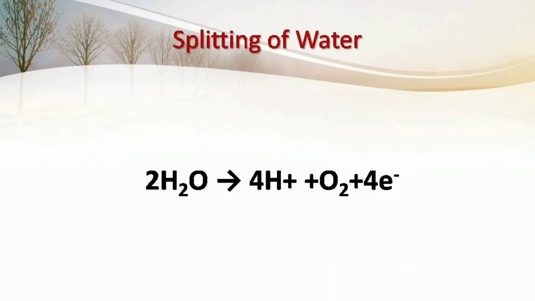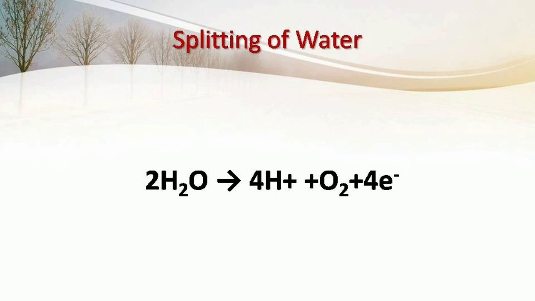As I have mentioned already, in the light reaction, absorption of light, splitting of water molecules, and release of oxygen take place. Let's see the splitting of water and release of oxygen. First, the energized electrons pass from the reaction center of photosystem 2 to the electron transport chain.